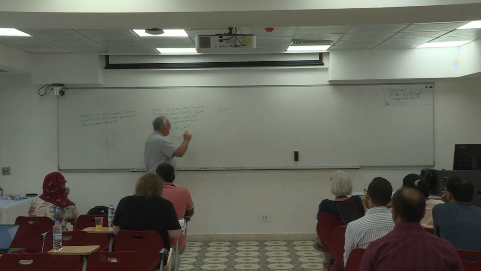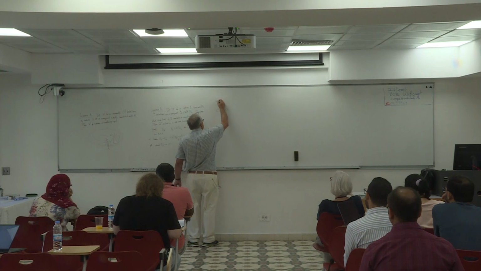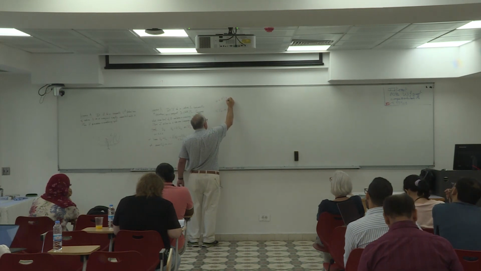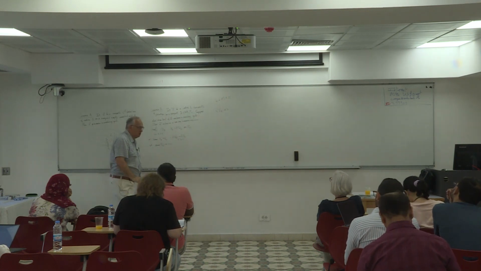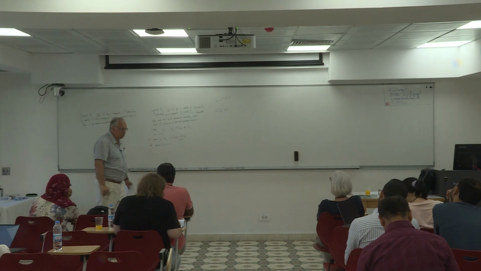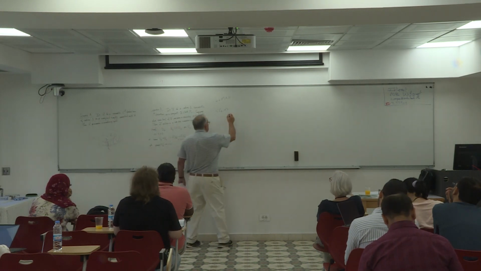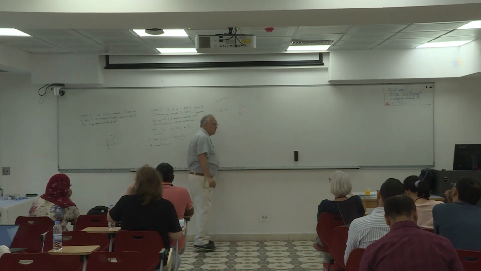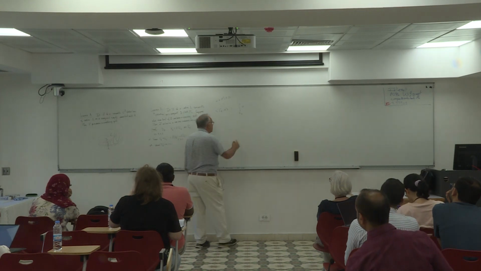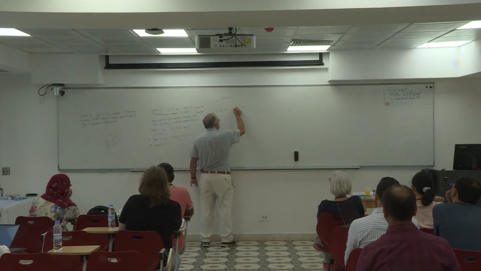So omega now is a 2-form on M. And we define a functional on a 2-form in a natural way. We just integrate this form over the disk, and we divide this by the area of the disk.